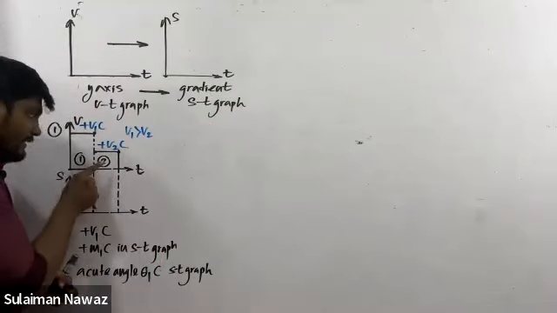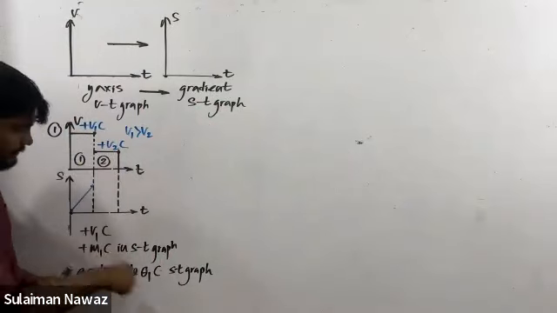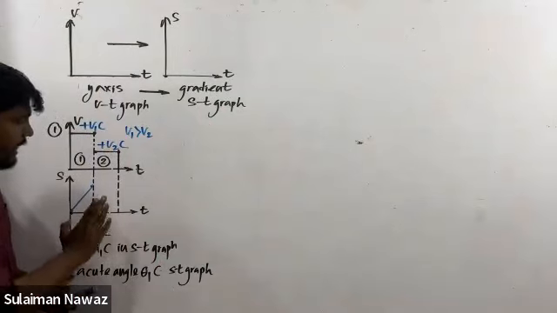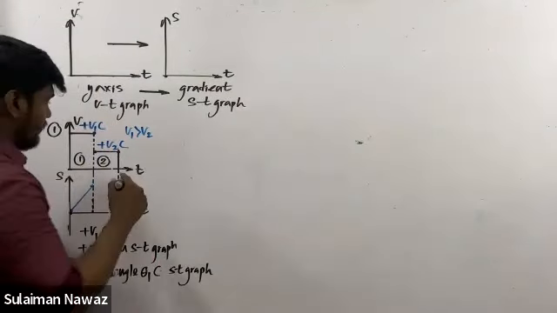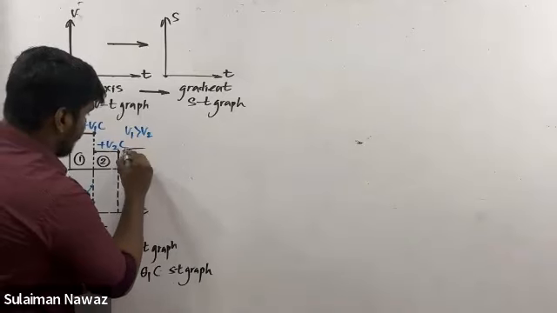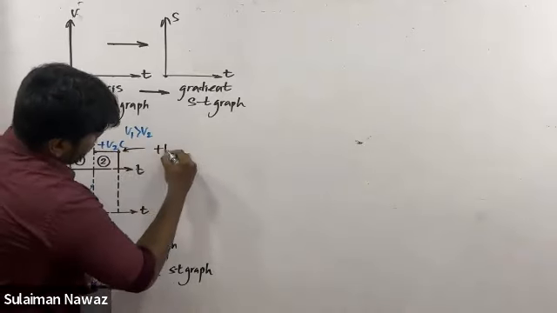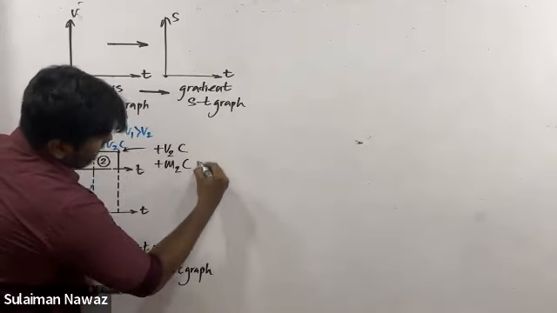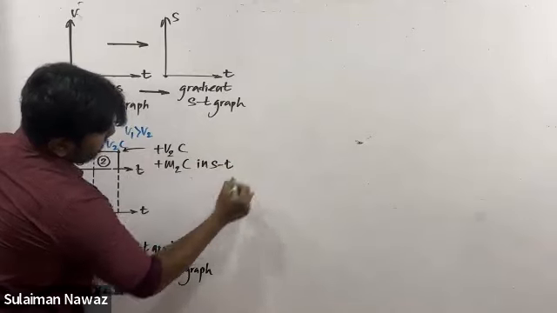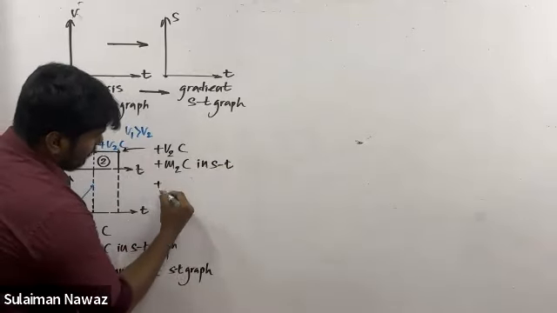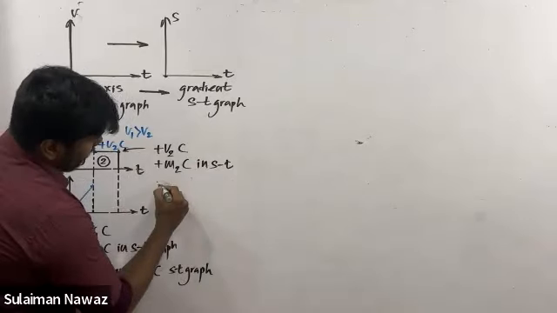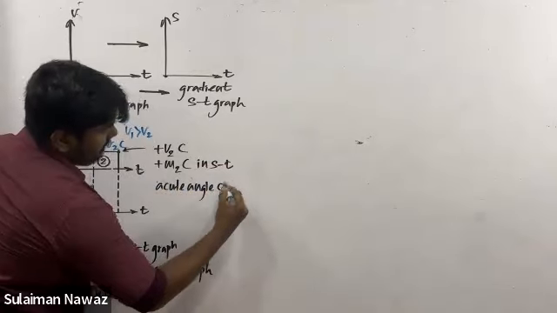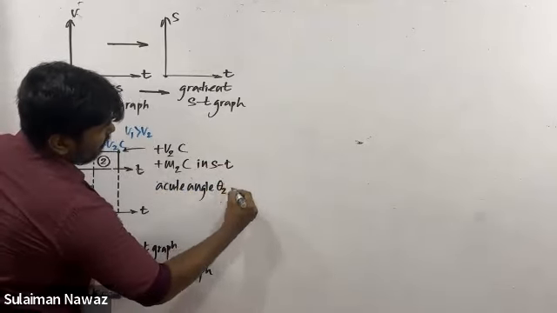Now we know the second graph is also a constant acute angle, am I correct? Positive velocity constant means positive gradient constant in the ST graph, that means a positive acute angle constant, theta 2, in the ST graph.